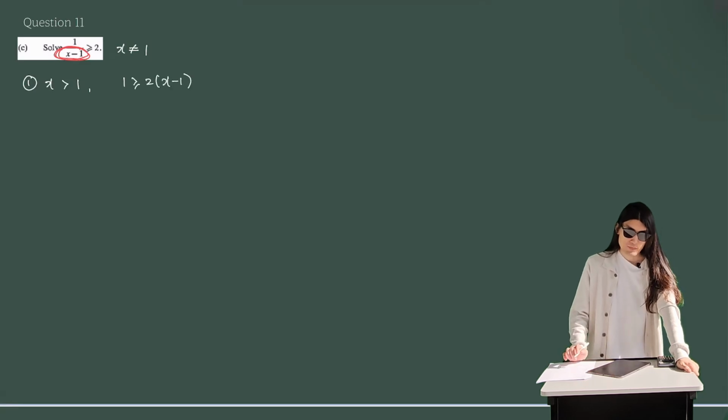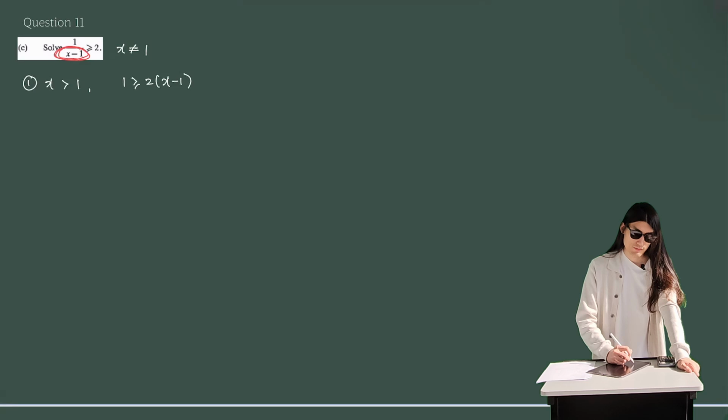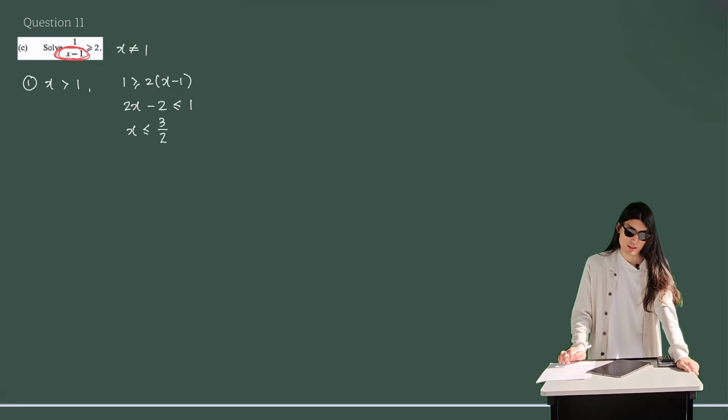And this gives a simple linear inequality, which if you solve it, 2x minus 2 would then be less than or equal to 1. So x then would be less than or equal to 3 on 2. You get that as your solution.